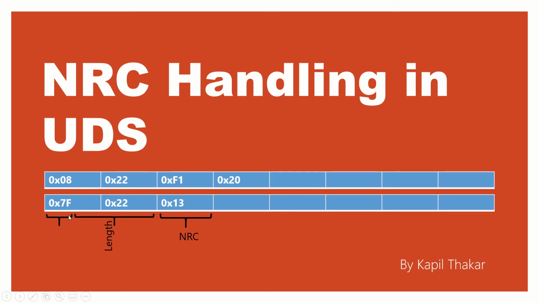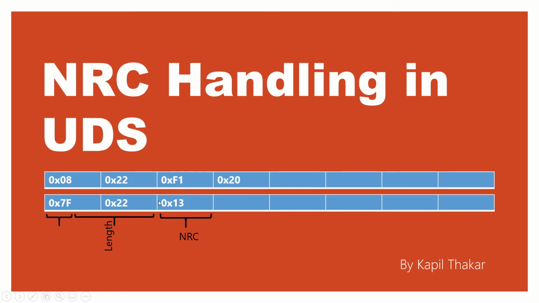So for this we need a negative response code, and to send the NRC we need to follow a specified format for the negative response. A negative response always starts with 7F, which says that it is a negative response. The next byte is the service ID, which here is 22, so we place 22.